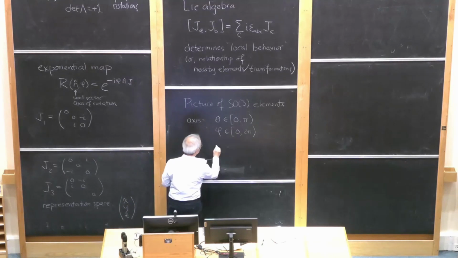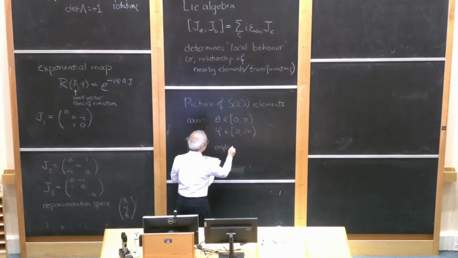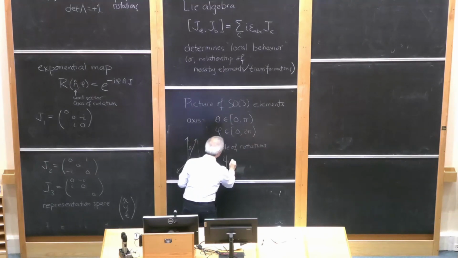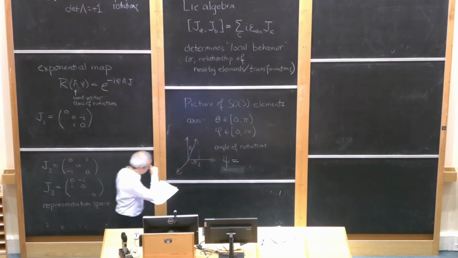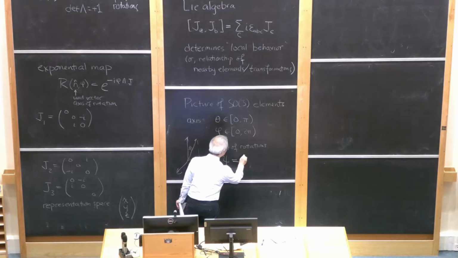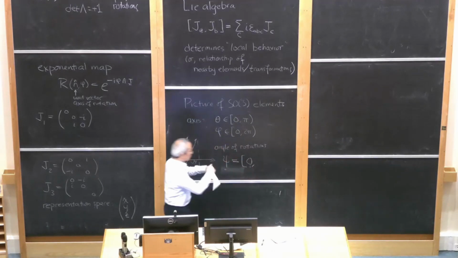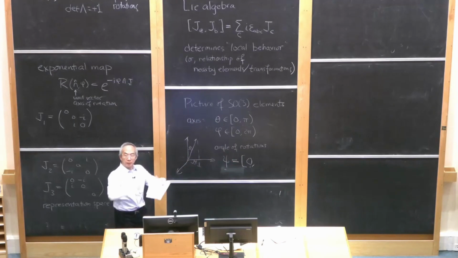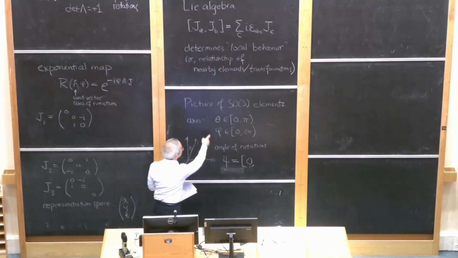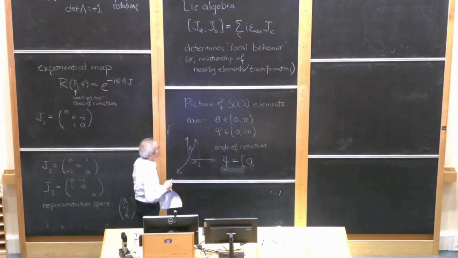So we'll say the angle of rotation, sorry, I changed the notation a little bit here, we'll call it psi. Now, this is where that periodicity enters, because you know that if you rotate by 2 pi, you get back to the same rotation element. Actually, it's a little bit more restricted than that, at least in this way of visualizing the parameters.